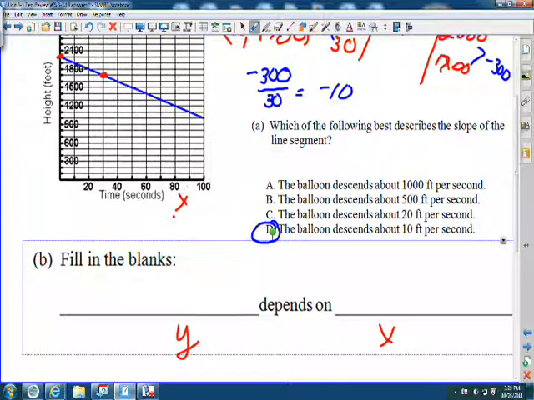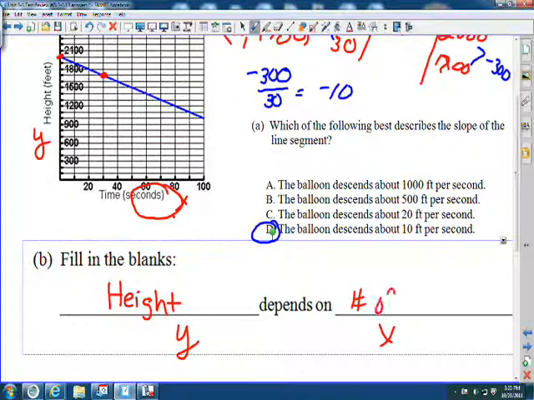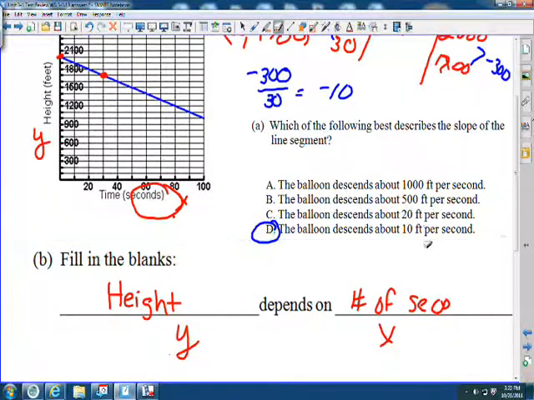Well, I've got x and then I've got y. Y is the height. So the height depends on the time, the number of seconds.